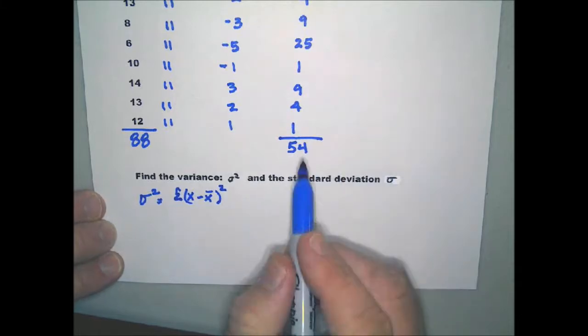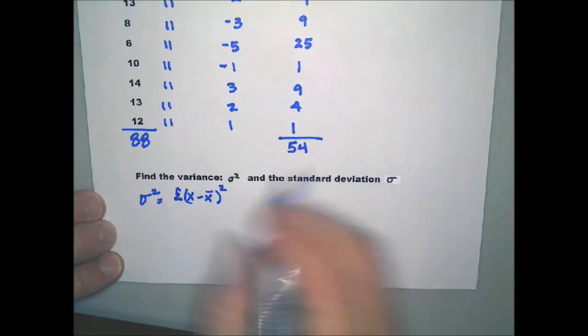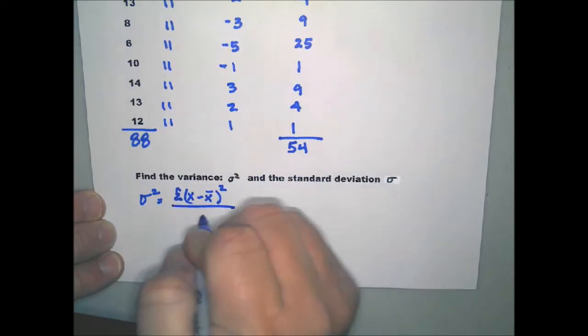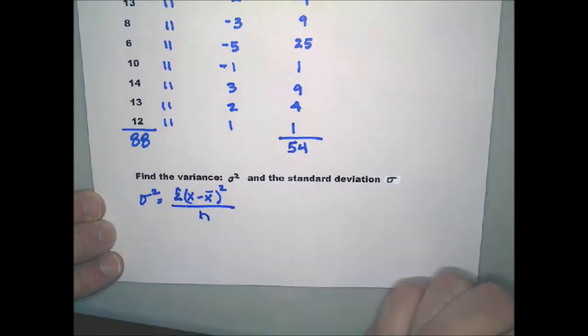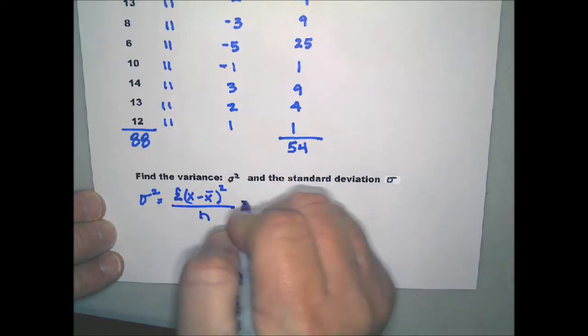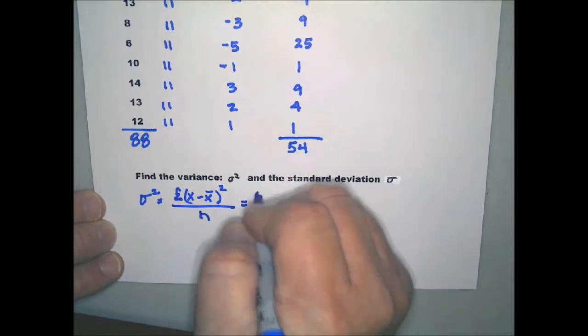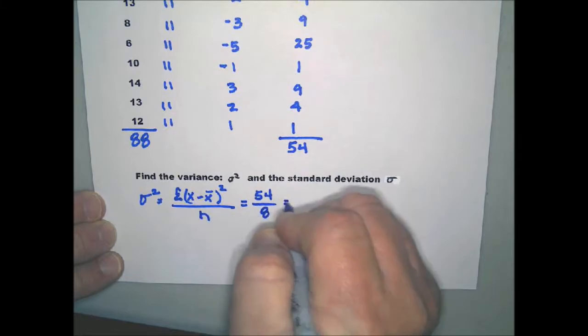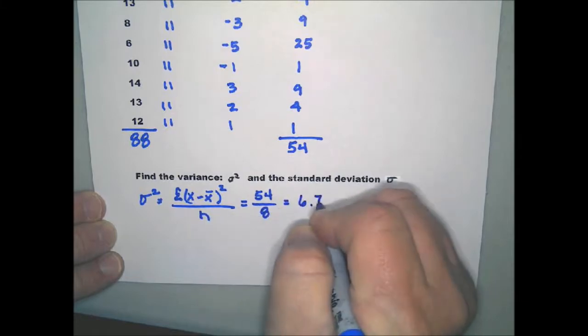So all they're telling you to do is reference this number right here and then divide that by the number of numbers. So it's 54 over 8, divided by 8, equals 6.75.